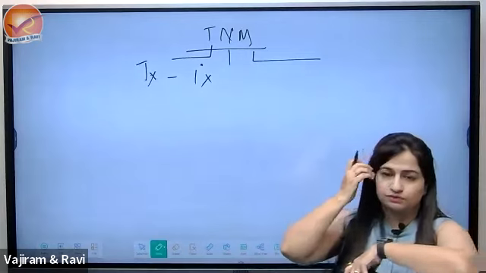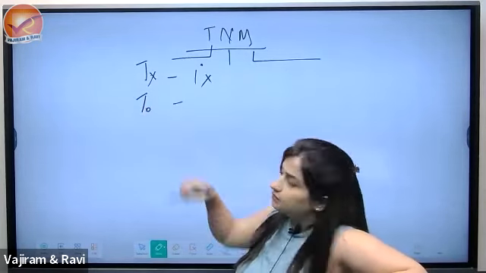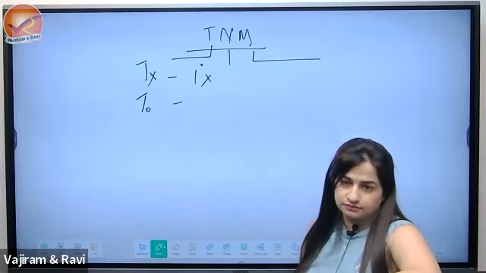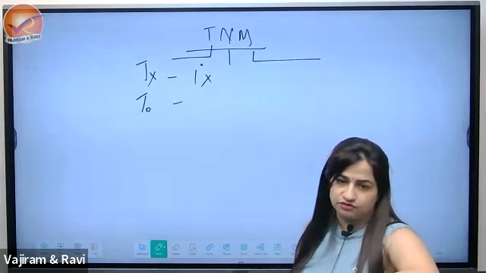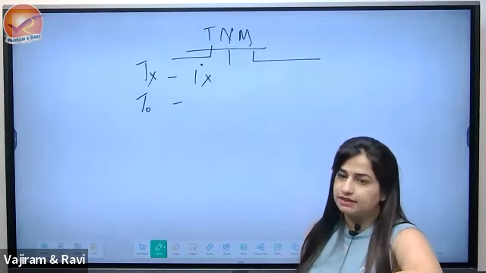Then is T0. T0 is no evidence of primary. Then T1.